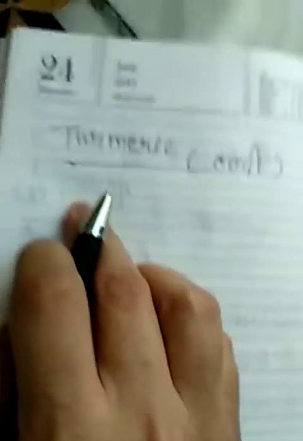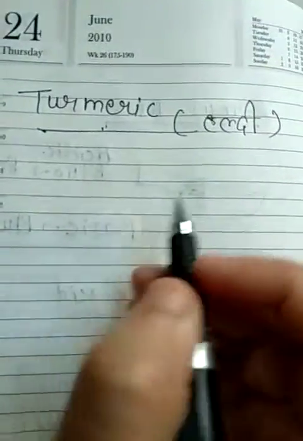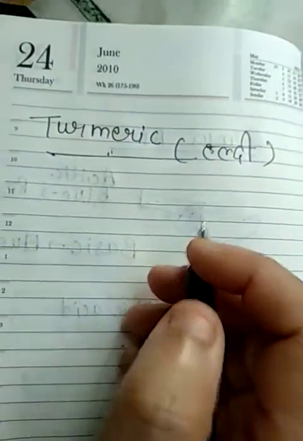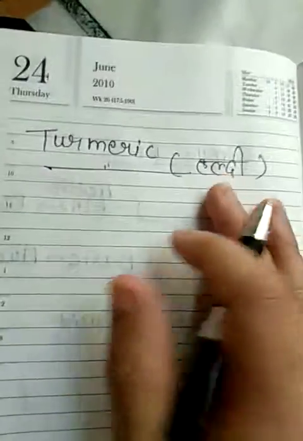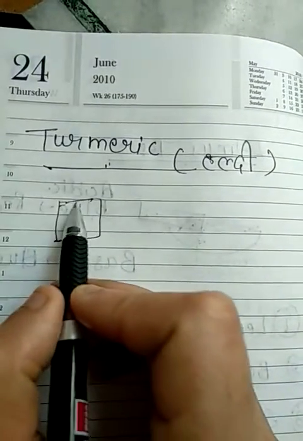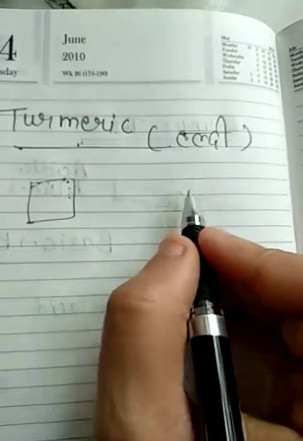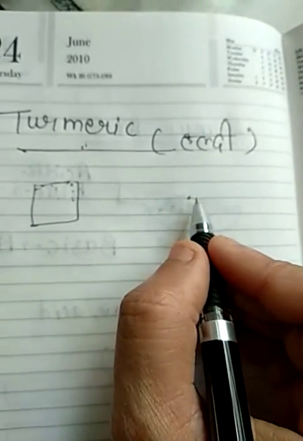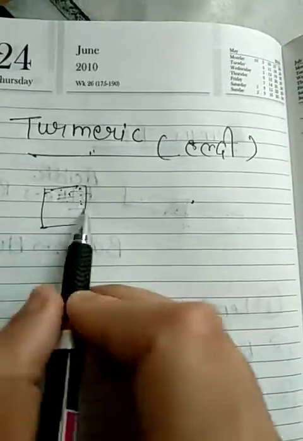So for turmeric also, we first create turmeric paper. How do we create turmeric paper? The same way we created the litmus paper. You have to take four filter papers. Then you make a turmeric paste: take turmeric powder, mix it with a little bit of water and make a paste, and put that paste on the filter paper.